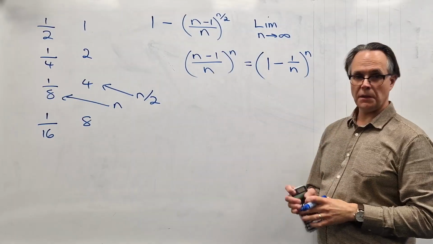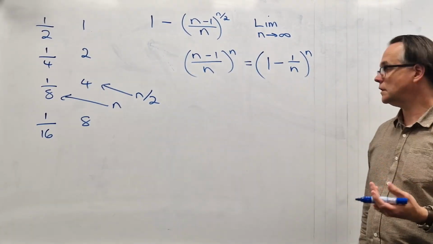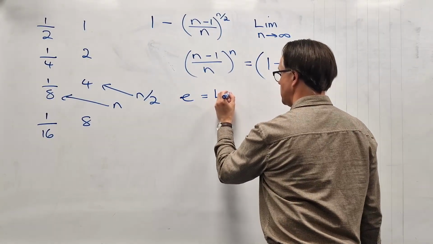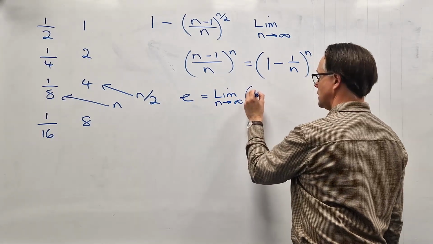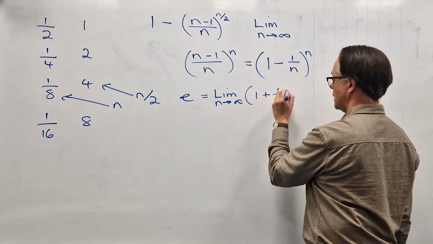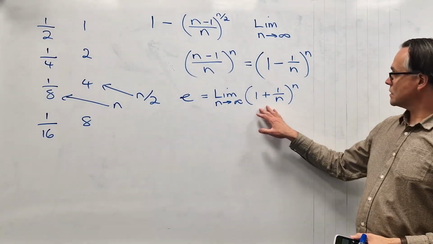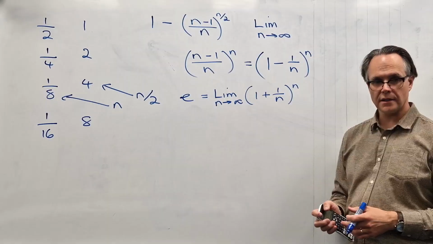Now the thing that's interesting about that is that there's a special number in maths called e, and the definition of e is the limit as n tends to infinity of that expression. Now that is very similar to this, it's just got a plus where this has got a minus.